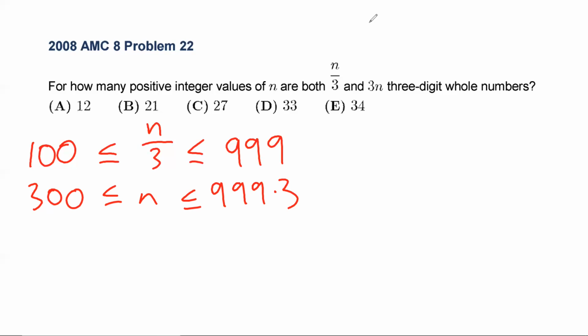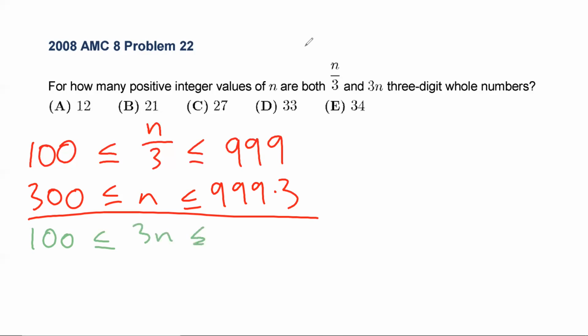And if you consider the second case, which is that 3n is a three-digit number, it means it's between 100 and 999. So then divide both sides by 3. You get 100 over 3 is less than or equal to n is less than or equal to 333.